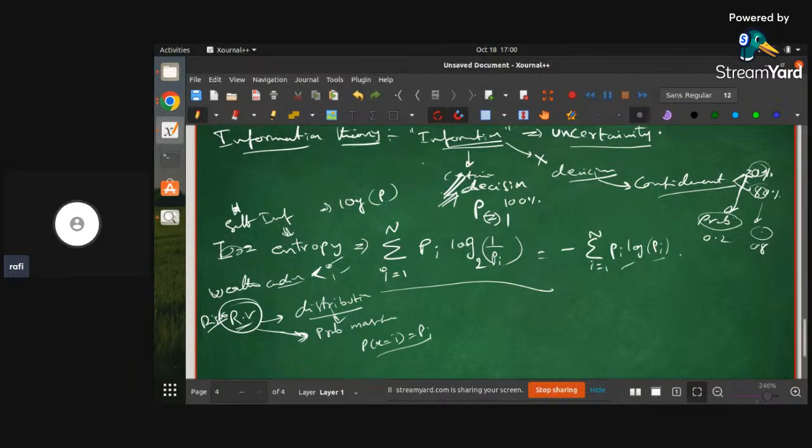These probabilities indicate the distribution of the given random variable. You can also call this the entropy of the random variable. If you know the distribution, you can calculate the entropy. That's the point I want to convey.